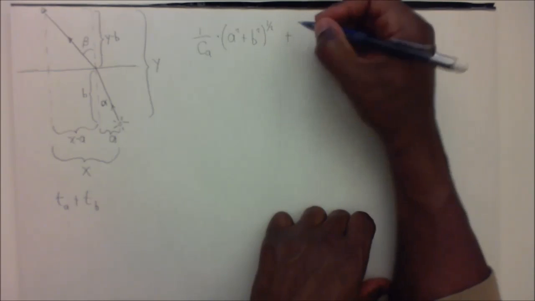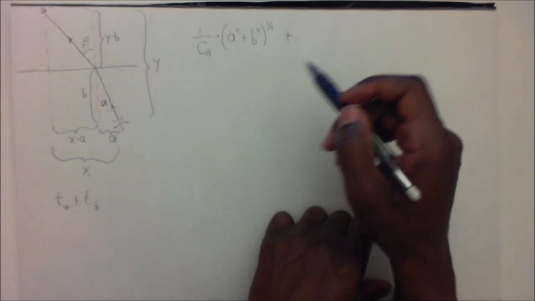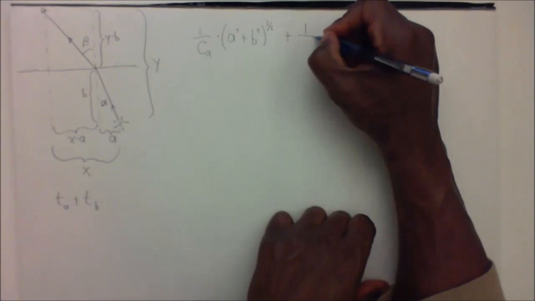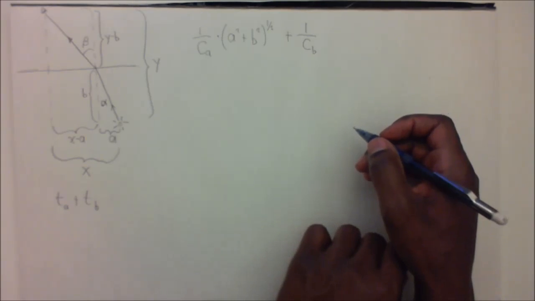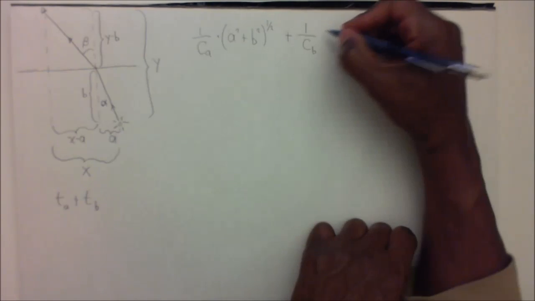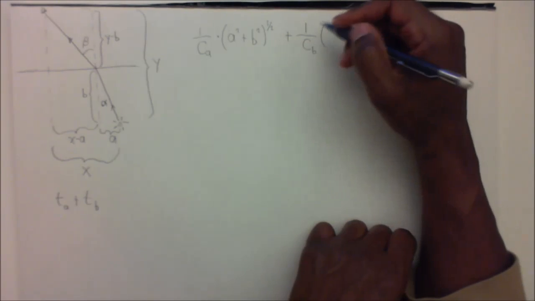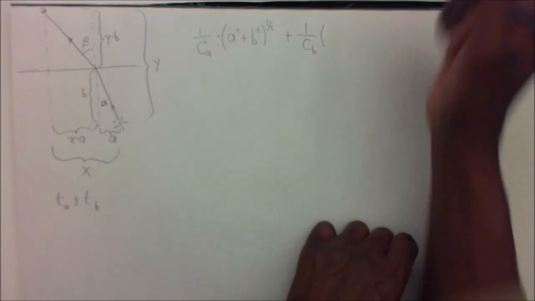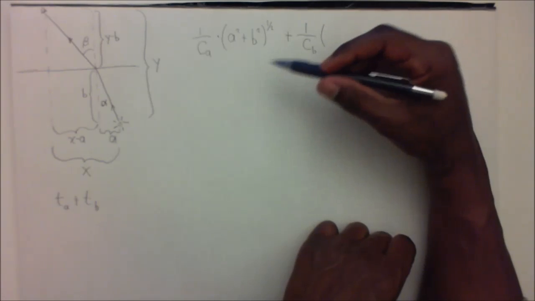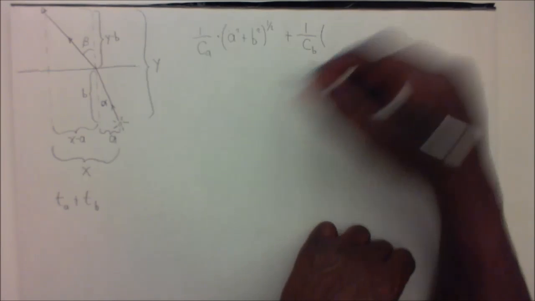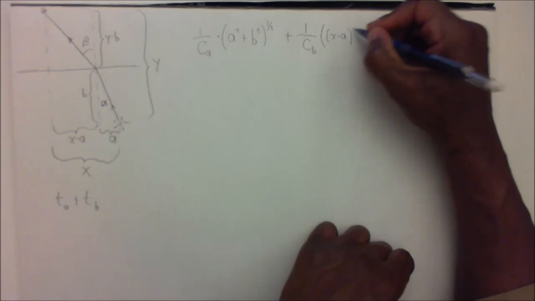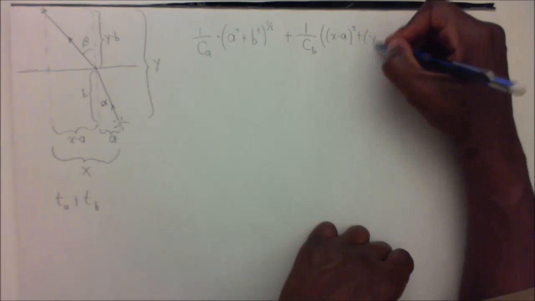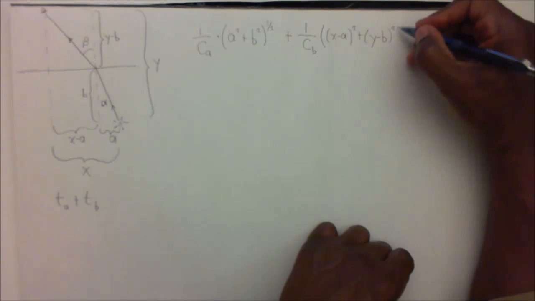And I'm going to add the time that it takes to traverse medium B, which is 1 over the speed of light through B, again dividing the distance by the speed. The distance it takes to travel through B is x minus a squared plus y minus b squared, all raised to the 1/2 power.